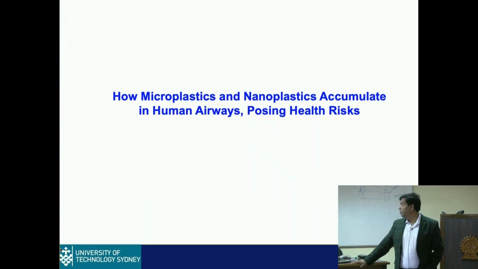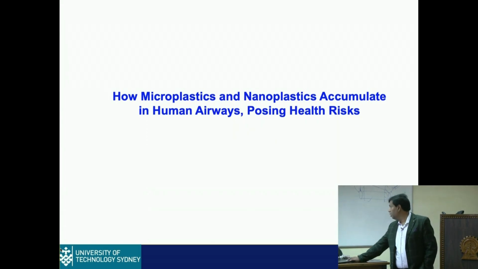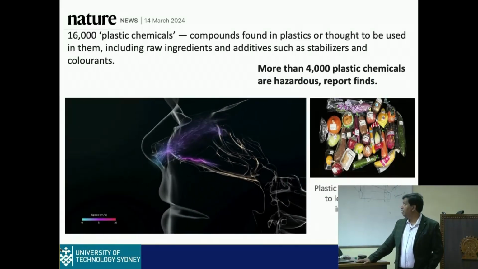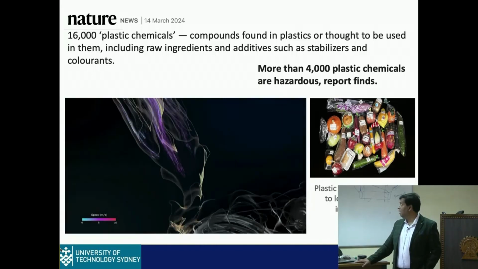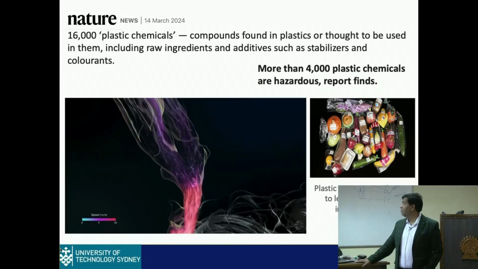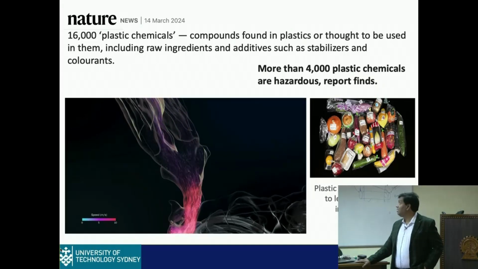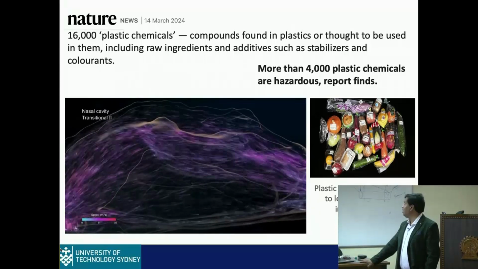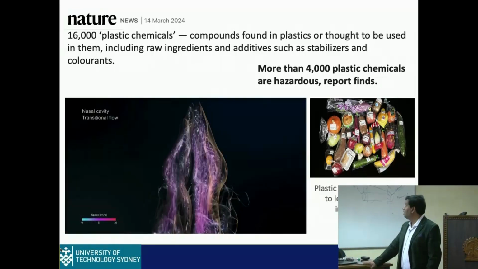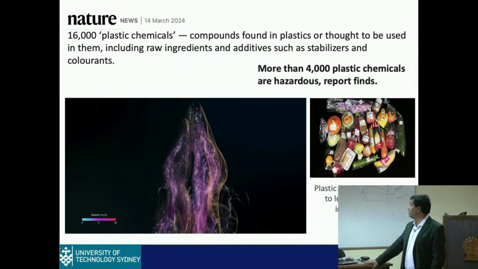We published a couple of papers, and after that we did some modeling on these micro and nano plastic particles. You see, in Nature this year they published that 16,000 plastic chemical compounds were found in plastic, and more than 4,000 plastic chemicals are hazardous.